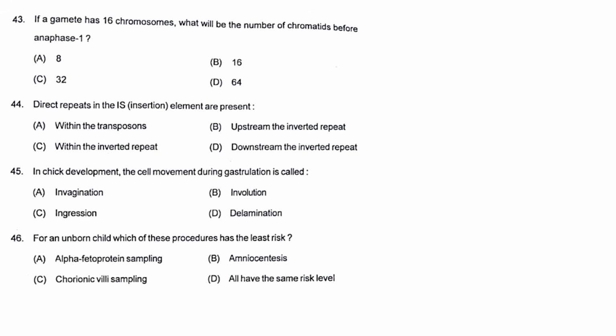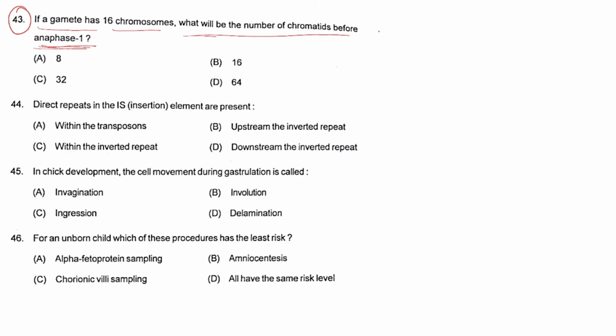Next question, question number 43. Question number 43 is, if a gamete has 16 chromosomes, what will be the number of chromatids before anaphase 1? This is a concept from meiosis that you must know. When we discuss meiosis and mitosis, which one is reductional? Of course, meiosis is the reductional type of division and mitosis is equational.